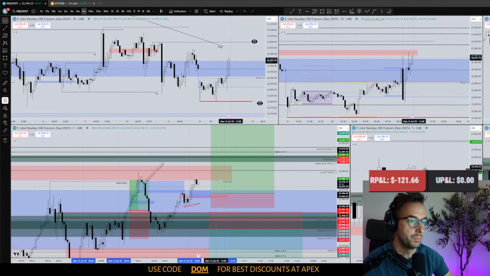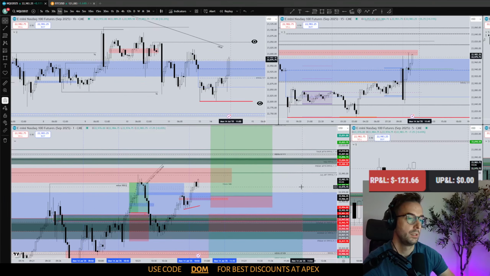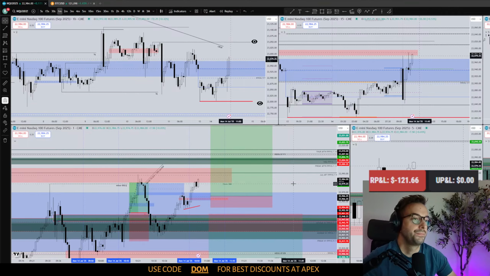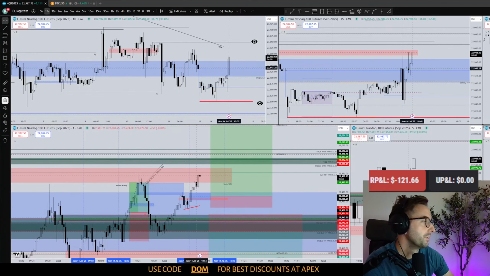We just want to see it push a bit lower here to get in. Mean threshold of this wick to the upside, I want to see that being respected as well. Okay, so this is, to be honest, a good area to get in long. If price comes down, that gives us an entry, right? So that's going to be my entry there.